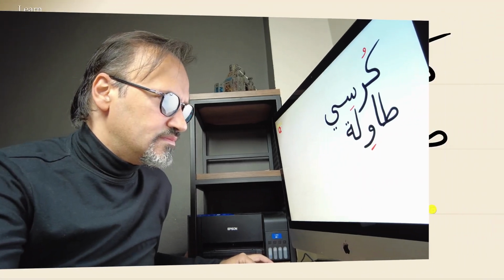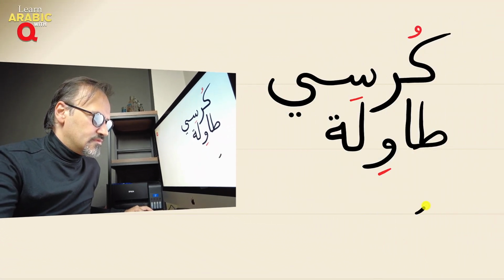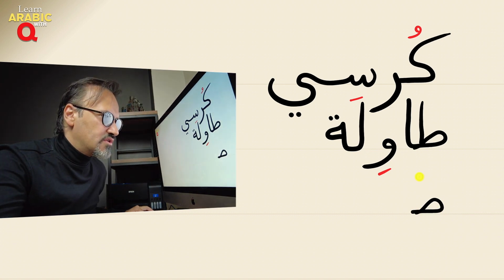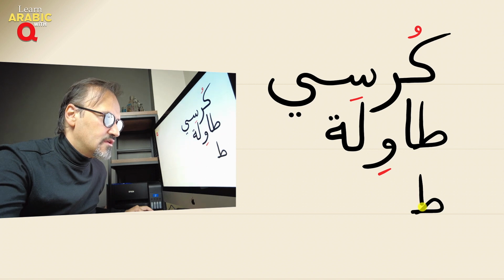Okay? Let me give you an example, because if I say tawila and tawil, okay? Tawil means long. Look how it's written. This is tawil. So here's the ta, and here's the wa.